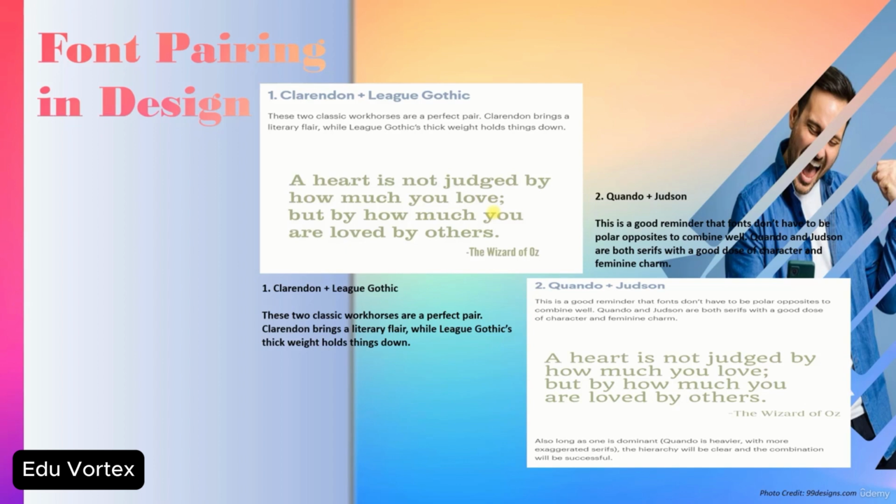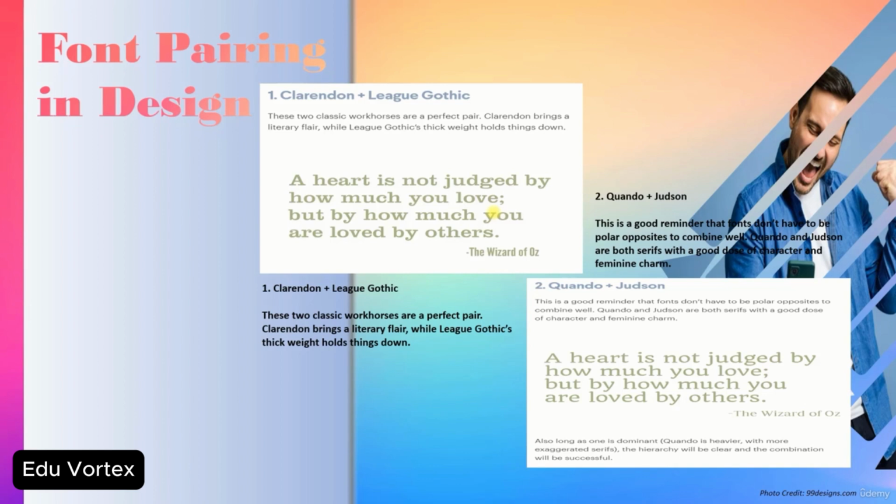So we have the Clarendon plus the Leak Gothic. So we have it as what, these two classic workhorses are a perfect match. Clarendon brings literary flair, while Leak Gothic's thick weight holds things down.